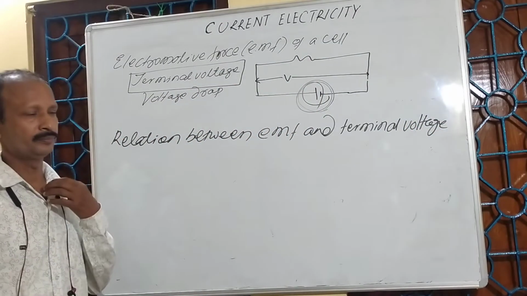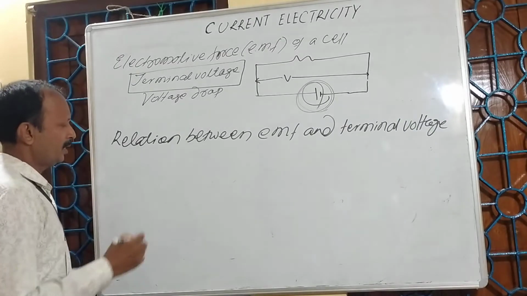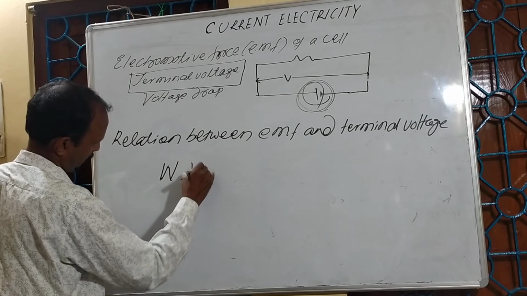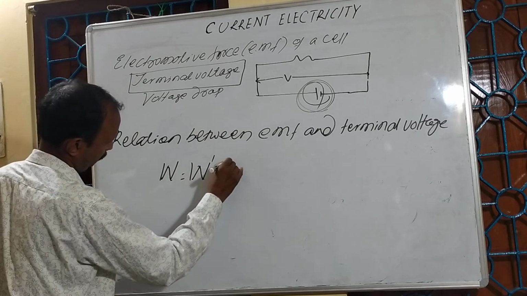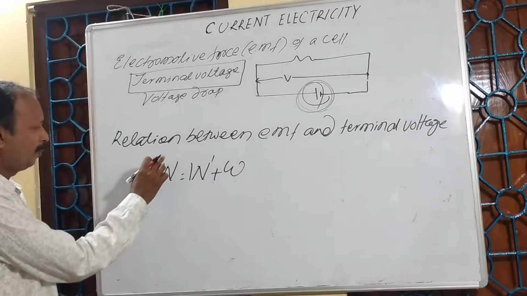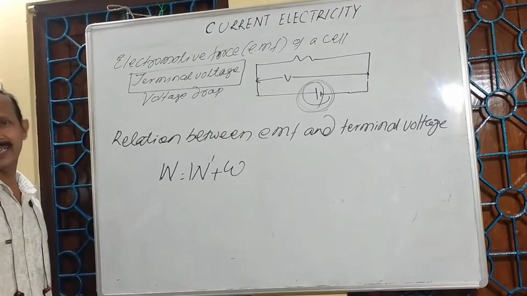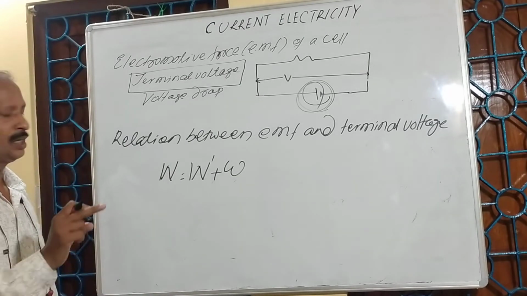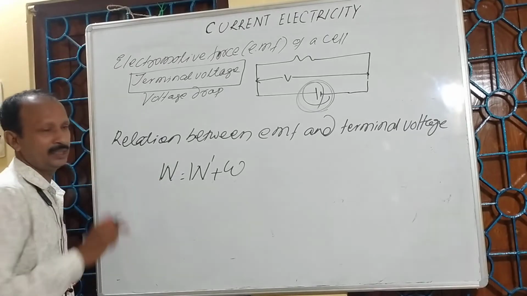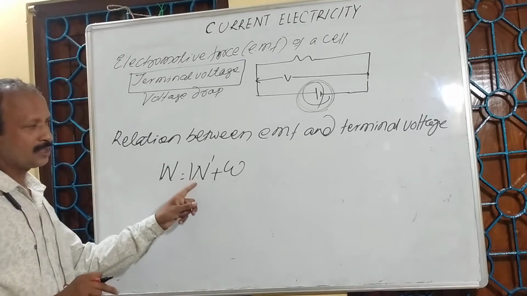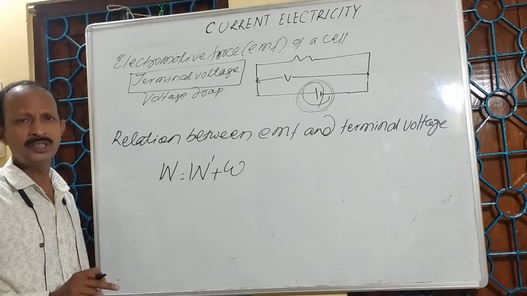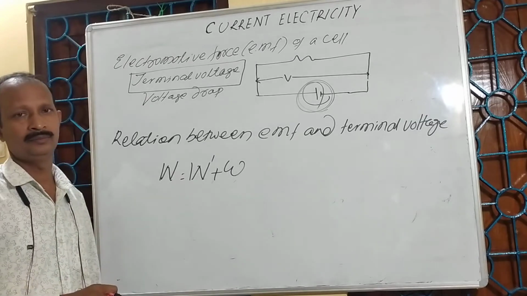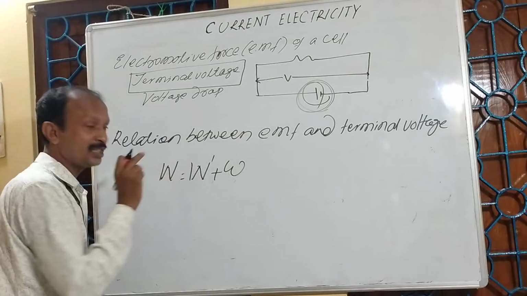Listen carefully. Now I can write: this capital W stands for work done for carrying the charge in the entire circuit. This is the terminal voltage, work done for carrying the charge in the external circuit.